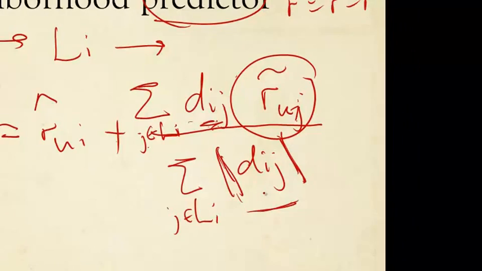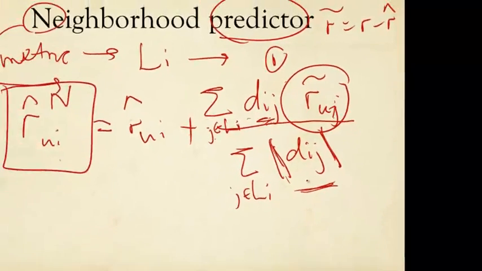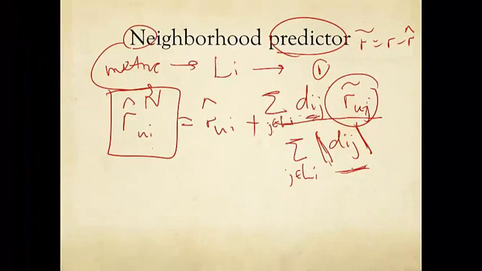Now you can make it even simpler by just making the weights 1. You simply add up the R tilde's and divide by the size of the neighborhood. That turns out not to perform very well. So we use slightly more involved weights here.